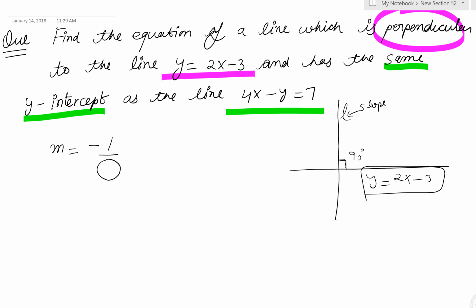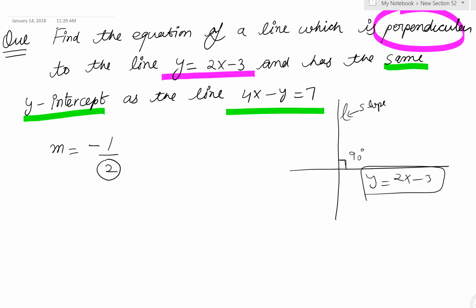Can you tell me what is the slope of this line? This line is in slope intercept form, right? That means this is the slope and that is the y-intercept. So the slope is 2. That's m and that's b.